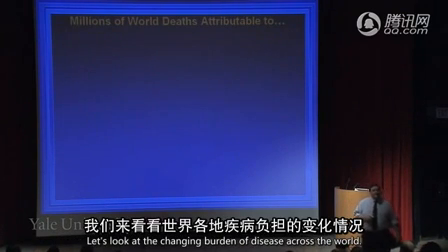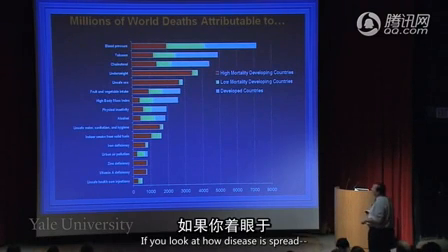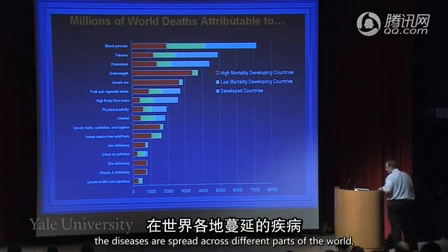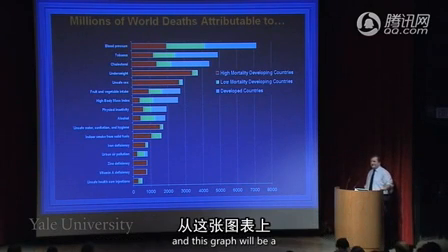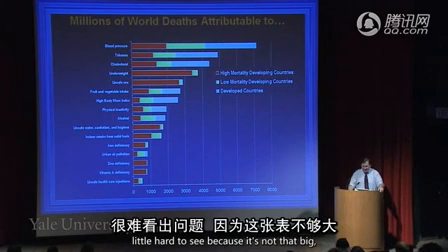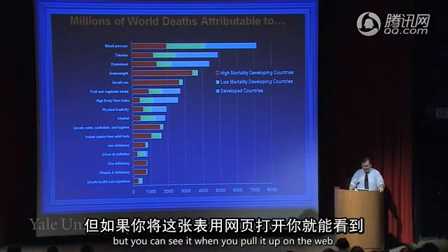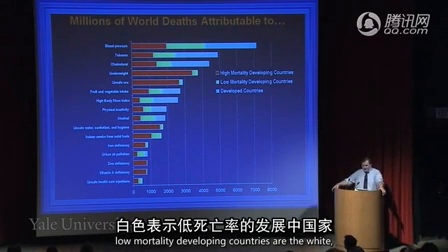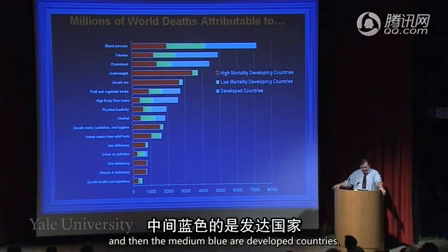So let's look at the changing burden of disease across the world. If you look at how diseases are spread across different parts of the world, this graph will be a little hard to see because it's not that big, but you can see it when you pull it up on the web. The red represents high mortality developing countries. Low mortality developing countries are the white, and then the medium blue are developed countries.